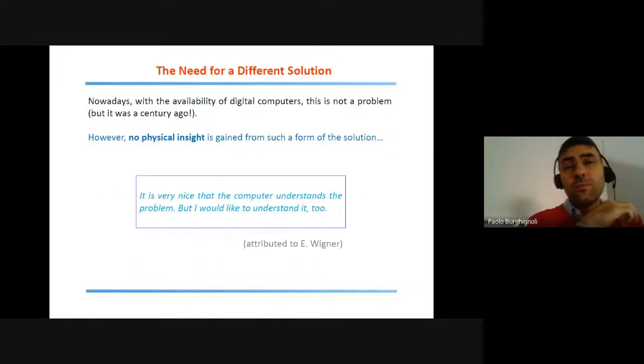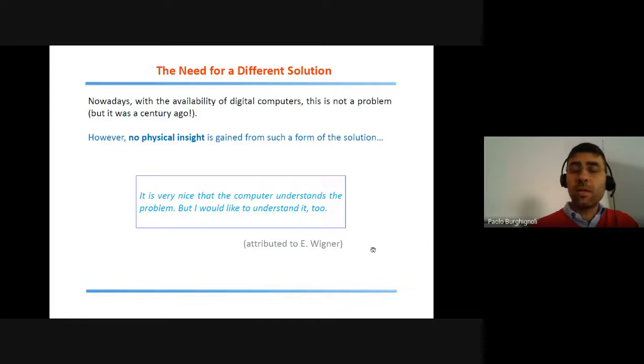Now, this is, of course, not a problem, since we have digital computers for evaluating infinite summations up to any number of terms, but it was a problem a century ago when the first scientists started to consider this problem. In any case, a solution expressed in terms of thousands of partial waves would give us no physical insight into what's happening in the wave processes of this configuration.